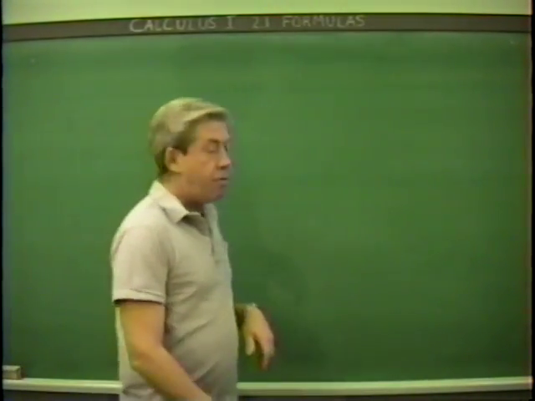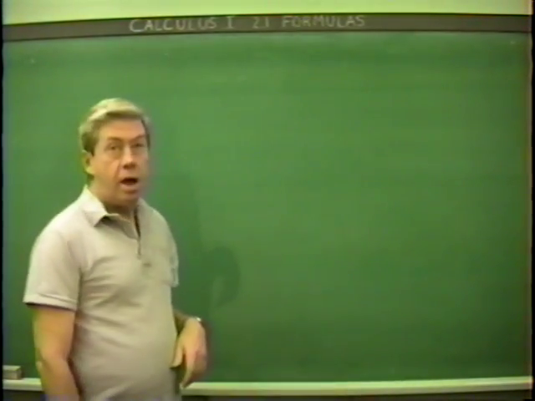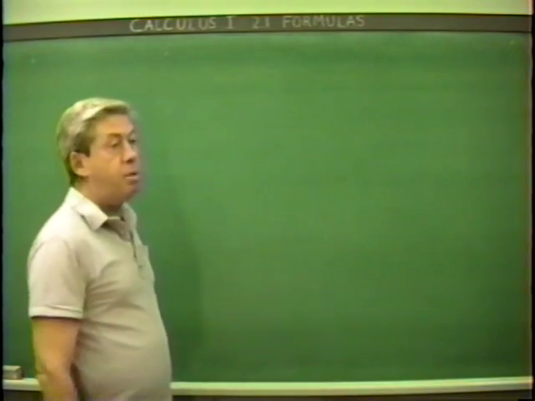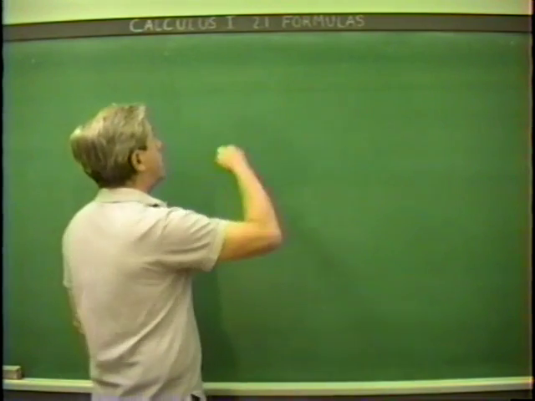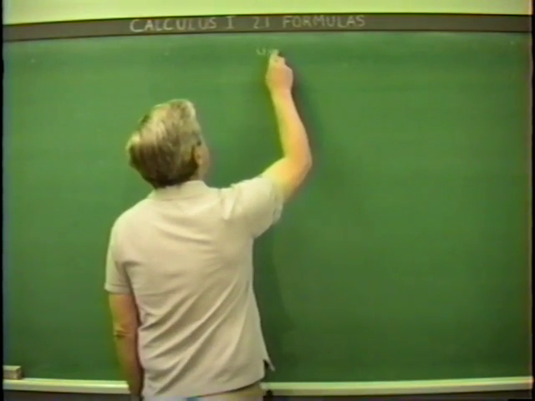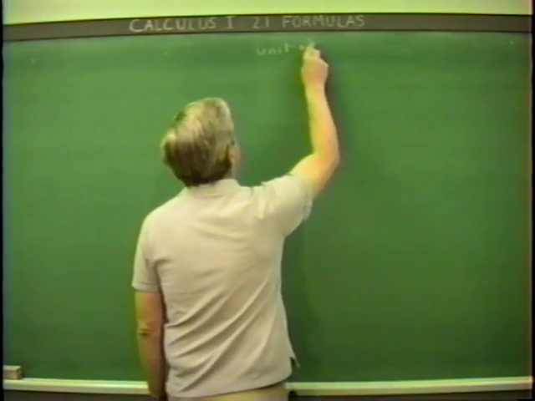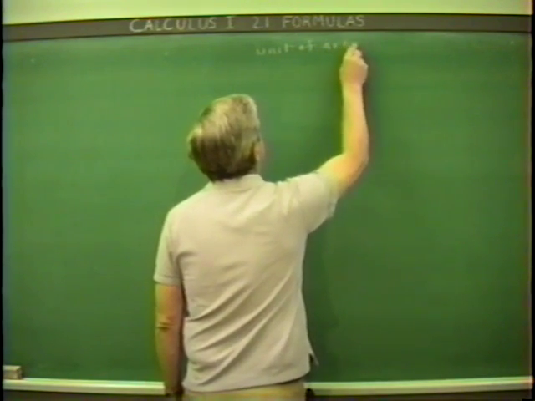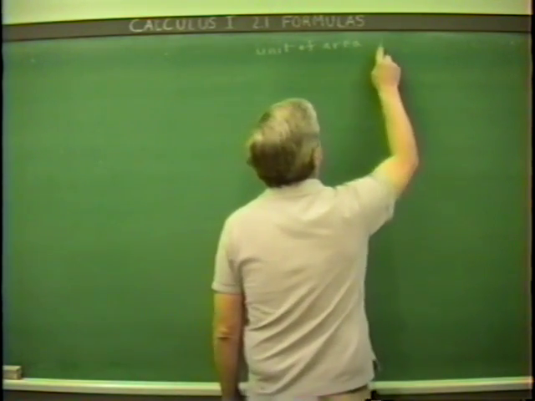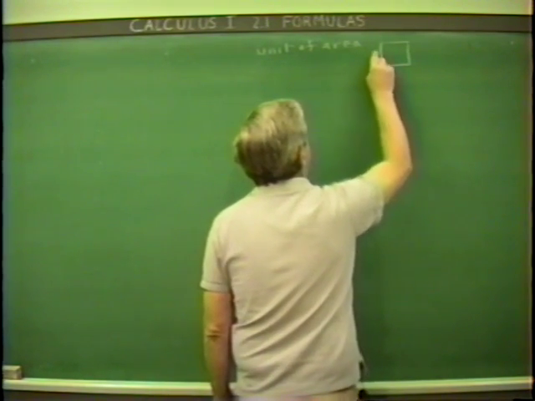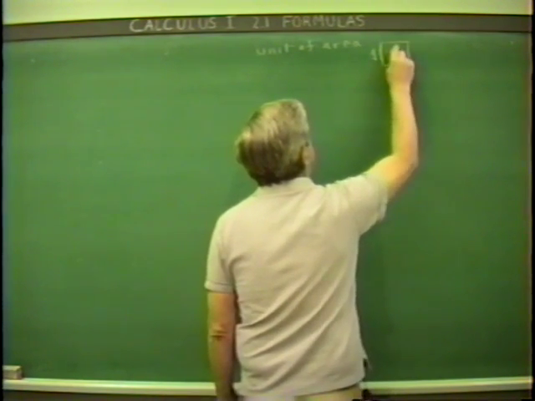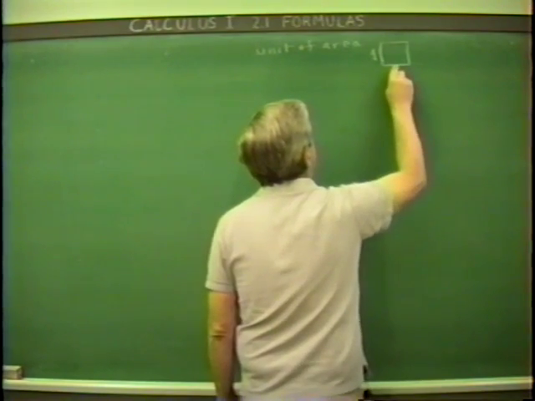Formulas of geometry turn out to be important in calculus. These are basic formulas, and I'm going to enumerate them here so that they're clear in your mind. The unit of area is that of a square whose sides are 1 by 1.